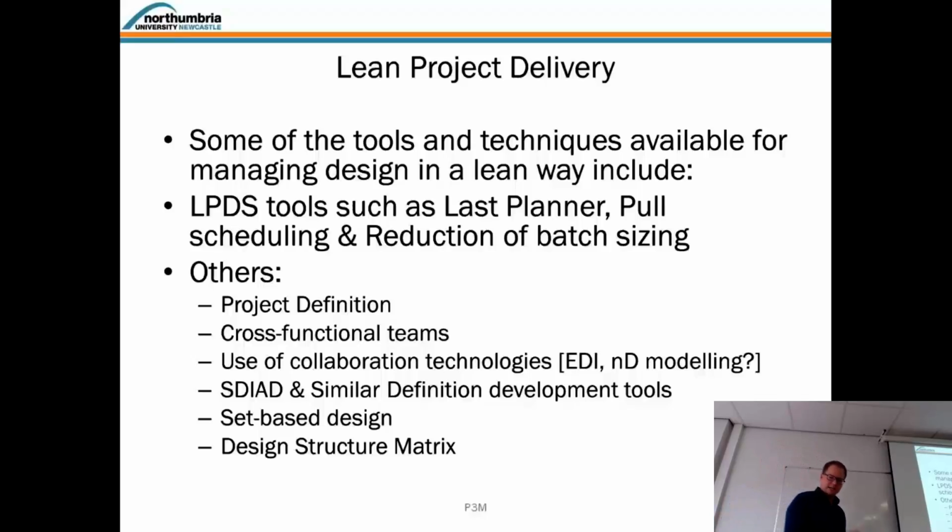So here we have the classical EDIs or ND modelings. This is basically using a model platform that you are sharing, where you can simplify the design negotiation. Then we have SDID, similar definition development tools. Again, I've given you those examples in the paper, so you can play around with some simple applications to have a look at what they actually do.